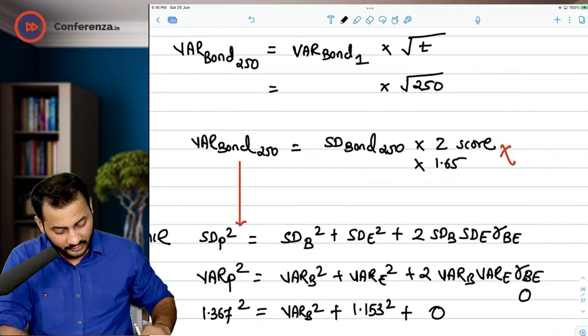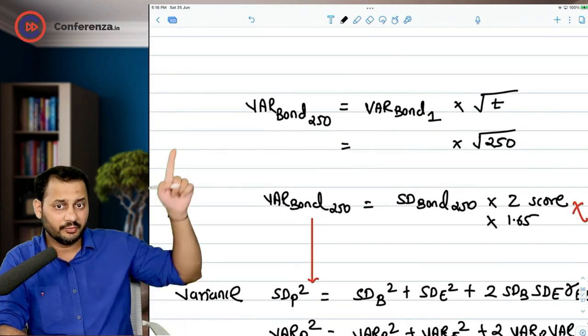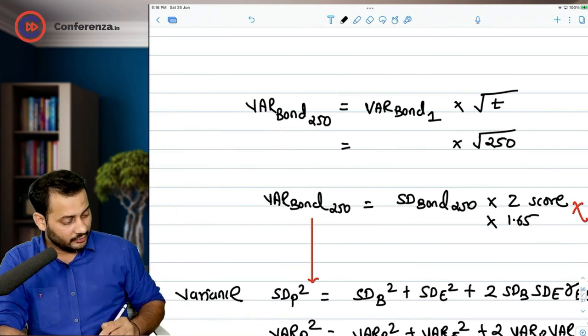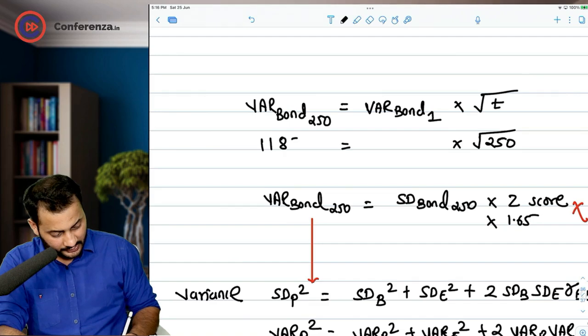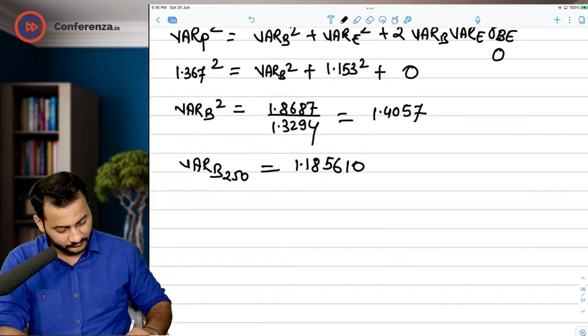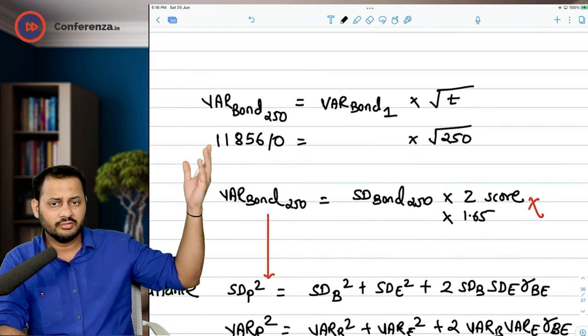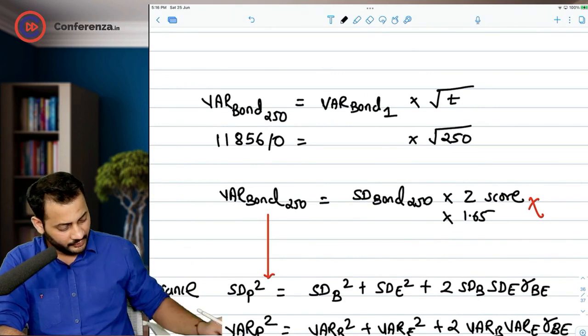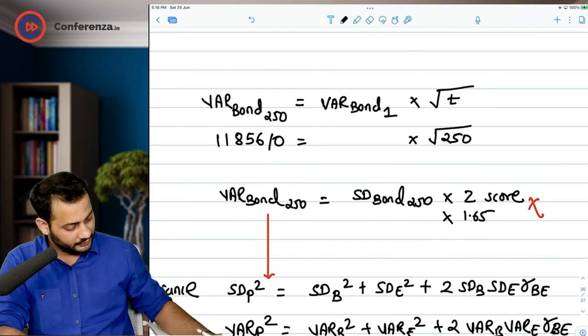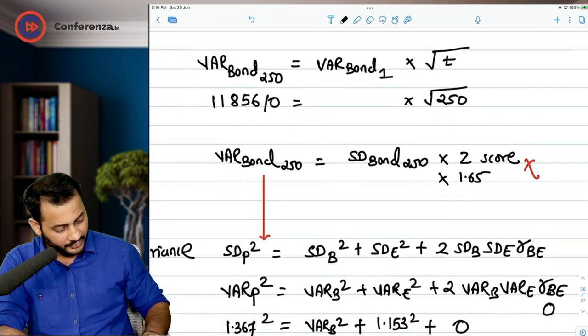We want per day. Now you can put that figure in here, 1185610 divided by root 250. Am I right? Right. Now if we solve this, we will get the answer to our VAR of the bond for 1 day. So 250 square root is 15.8114.